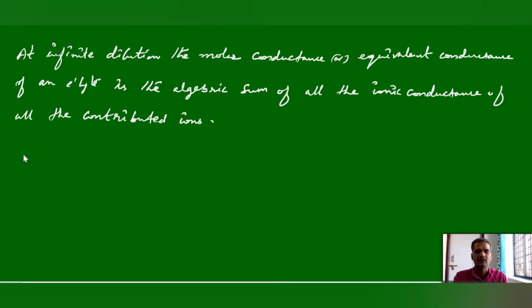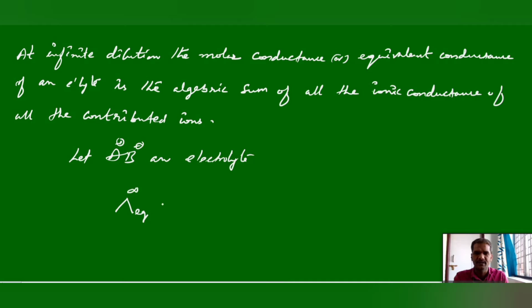Let us take one electrolyte like AB, which can give the ions A plus and B minus. Then the equivalent conductance at infinite dilution for this AB electrolyte is equal to the sum of the ionic conductances of all ions. Here there are two ions, A plus and B minus, one cation and one anion.